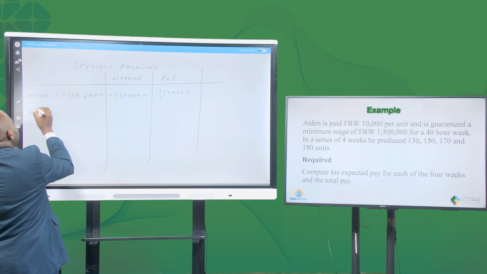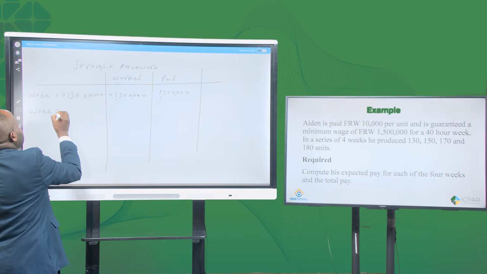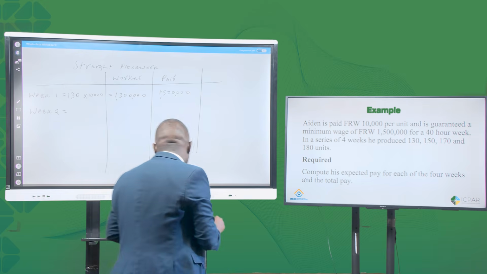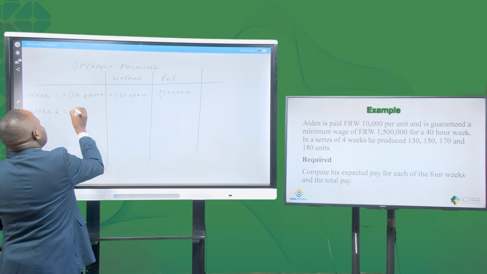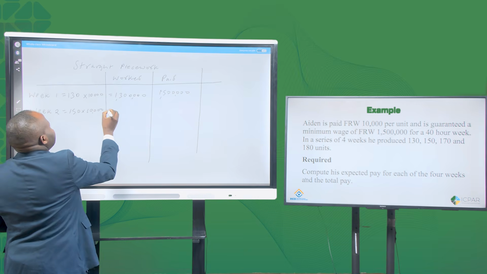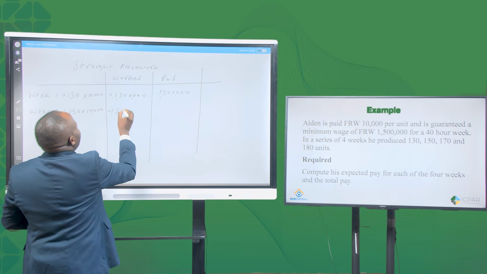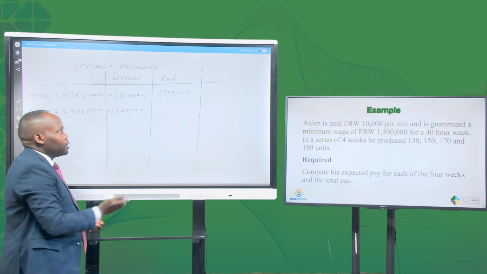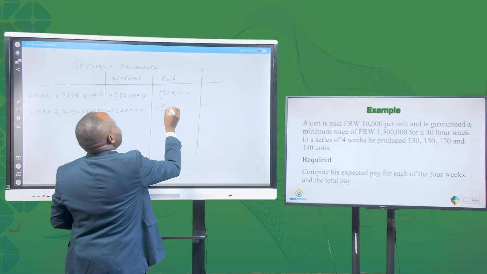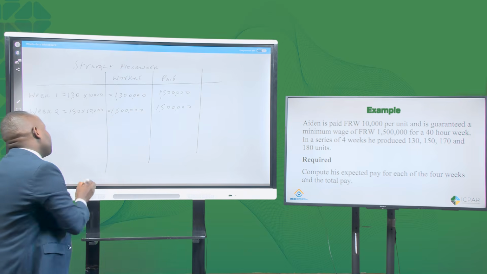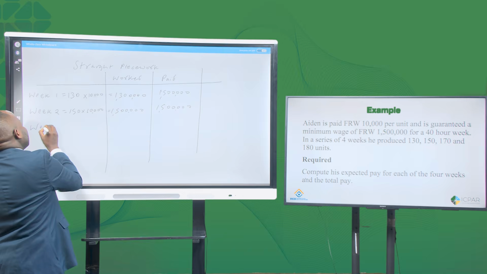Week 2, they worked for 150 units. So week 2 is 150 times 10,000, which is 1.5 million. It is the same as the minimum, so they will receive the amount they worked for.